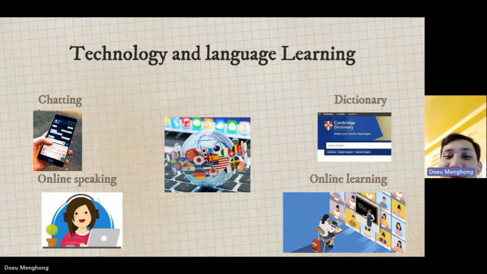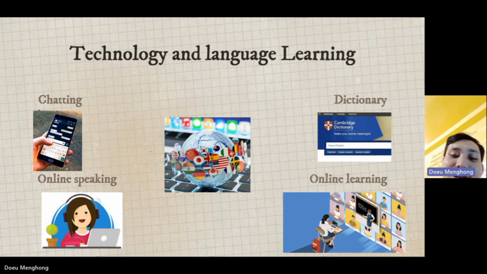As long as they have a smartphone, they can chat, they can do online speaking, and that can also be a dictionary and online learning. That's what we are doing in our course right now. So technologies play a big part in developing language learning.